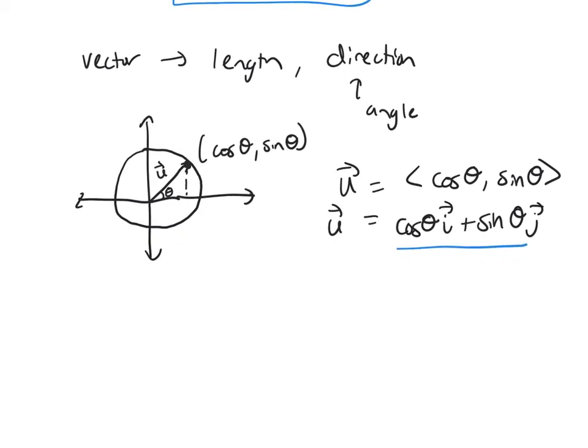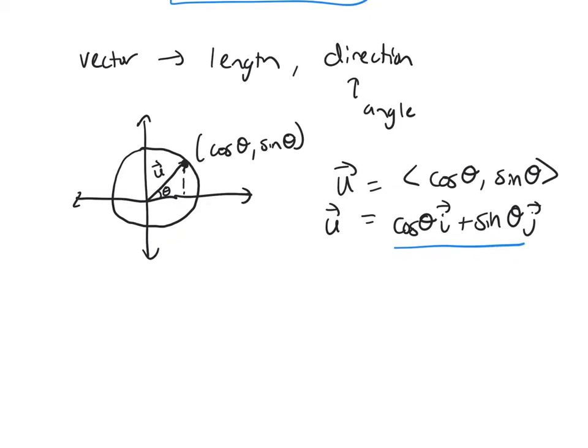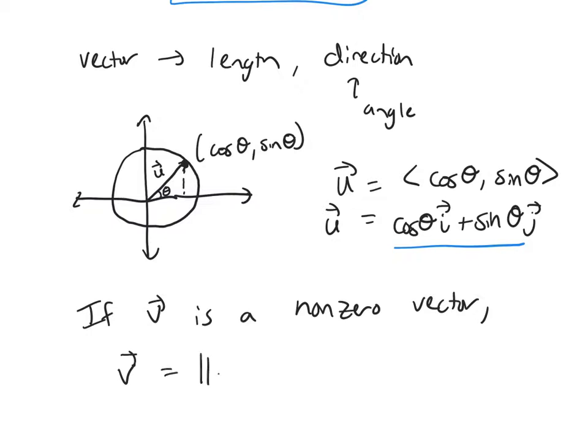Well, what if my vector is not a unit vector? You can still have something very similar. If v is a non-zero vector, it has to be non-zero, then the vector v is the magnitude of v times this vector.